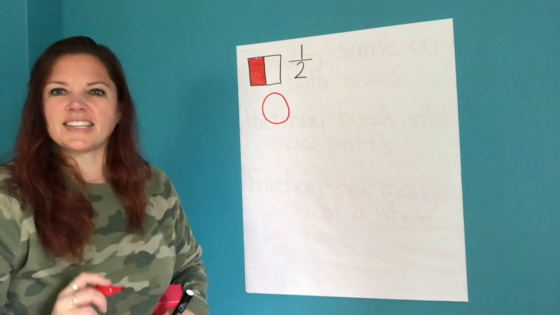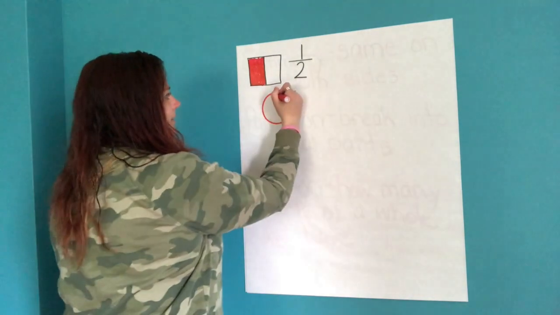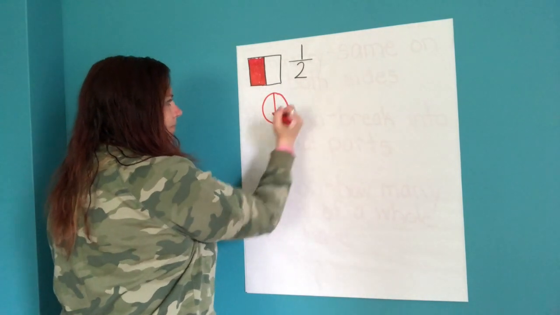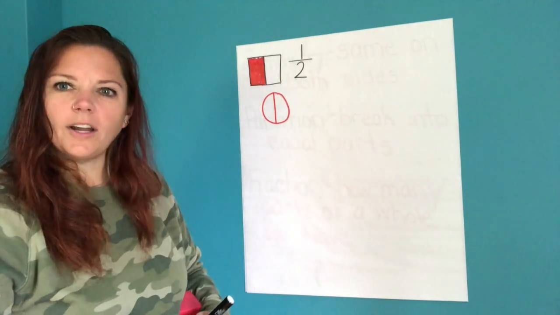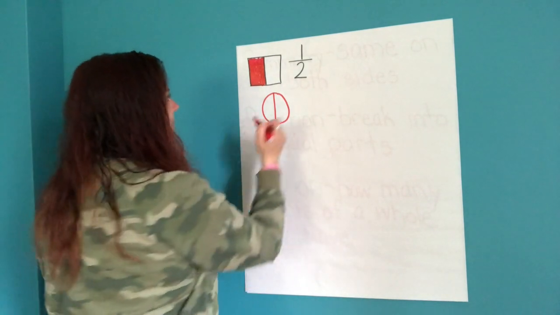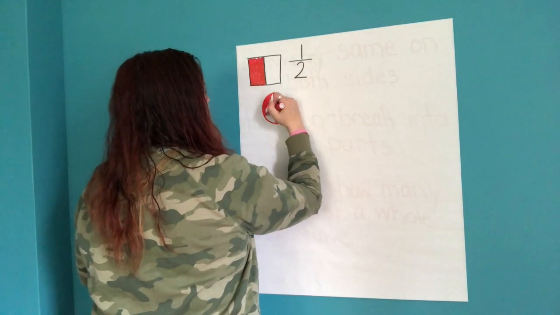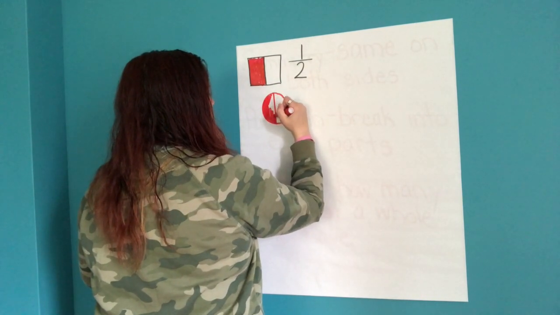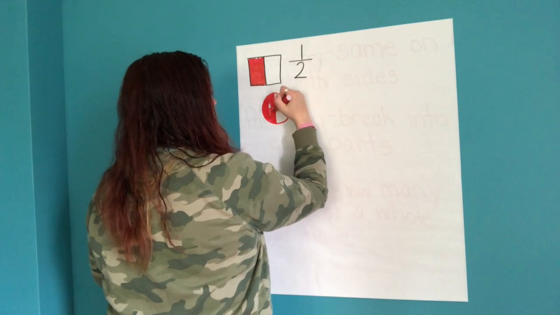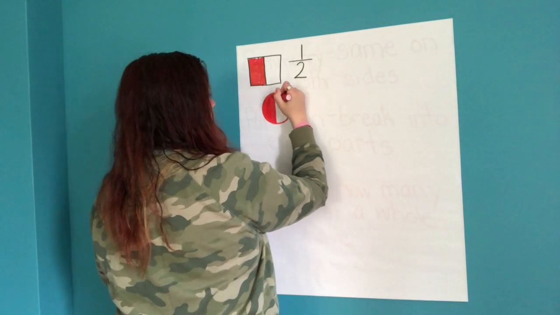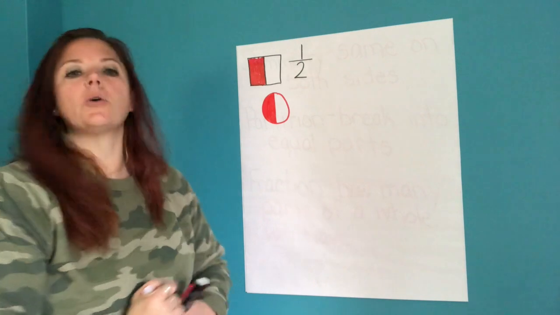Now I'm going to draw a circle. And I'm going to cut this in half, okay? And I'm going to color 1/2 of it red. Boys and girls, I'm going to ask you a question.